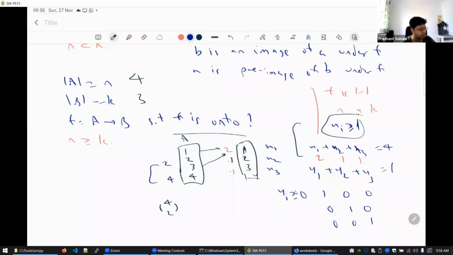This one can come from either 2 or 4. So there are 2 possible ways for the second target, and whatever is left has to be mapped to the last target. So the answer is 4 choose 2 times 2 times 1, right? And this answer is actually 12. So in fact, we can even list out all the possible functions in this case.